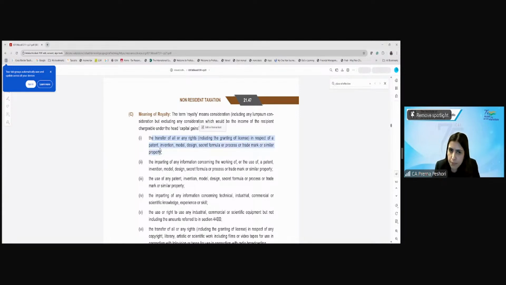What does this mean? So if I am transferring any right in respect of any kind of these intangibles, that shall mean that I am making the payment for royalty. Let us take an example.